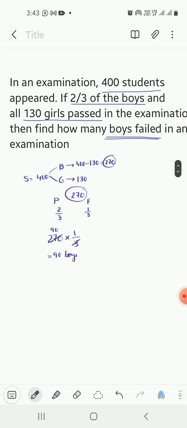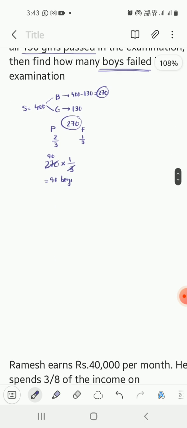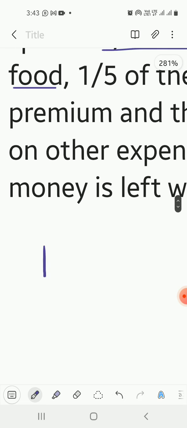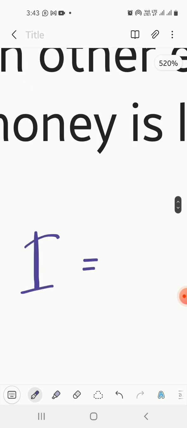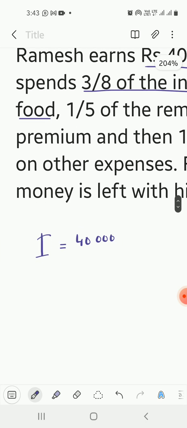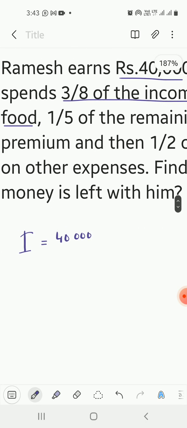Now we will move to the next question. See, Ramesh earns 40,000 per month. So 40,000 is his monthly income. He spends 3 by 8 of the income on food. So whatever his income is, that is 40,000. Out of this, 3 by 8 he spends on food. So first write what his income is. His income is 40,000. 3 by 8 of his income he has spent on food.